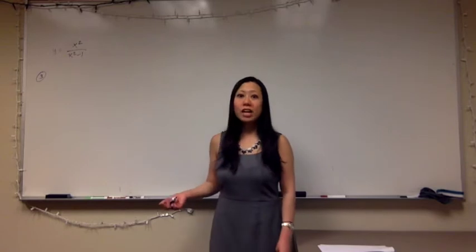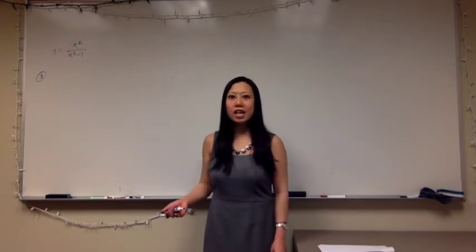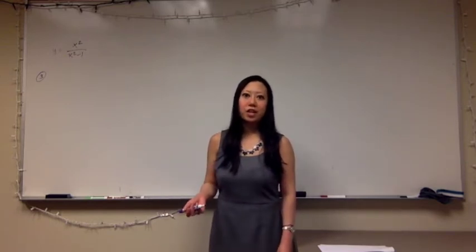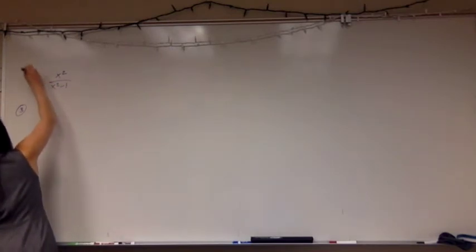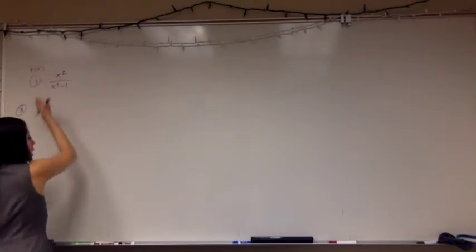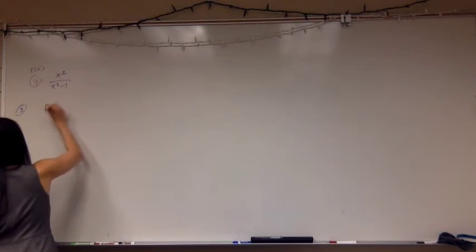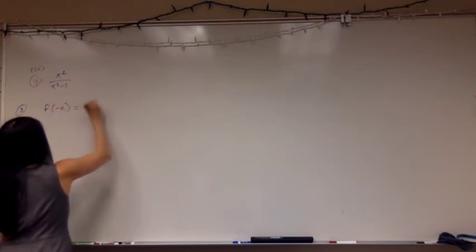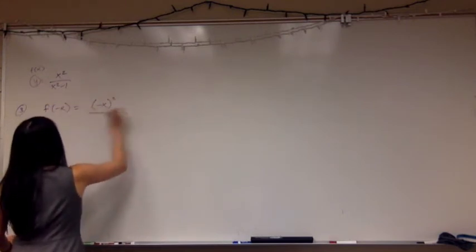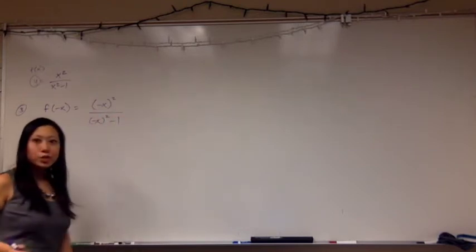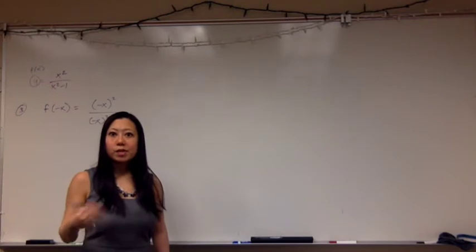So let's go ahead and replace all the x's by negative x and see whether this function is odd or even. Remember, y can be replaced by f of x. It's the same thing here. So I could say f of negative x equals negative x all squared over negative x all squared minus 1. And if I square it, I know that negative now becomes a positive.